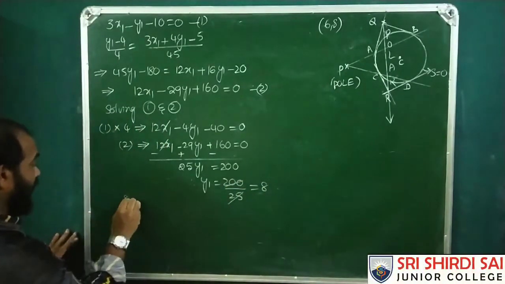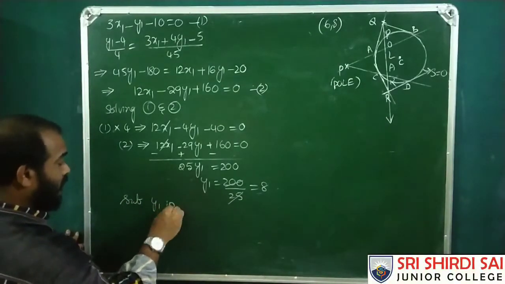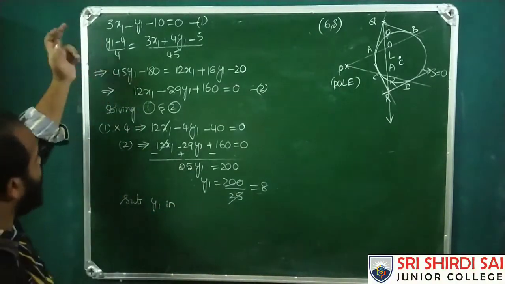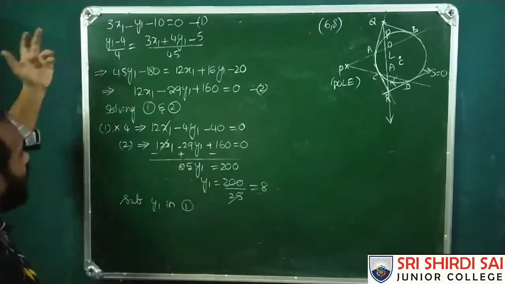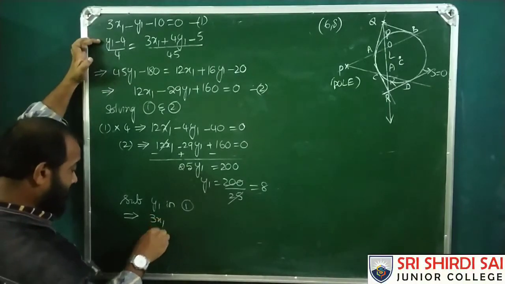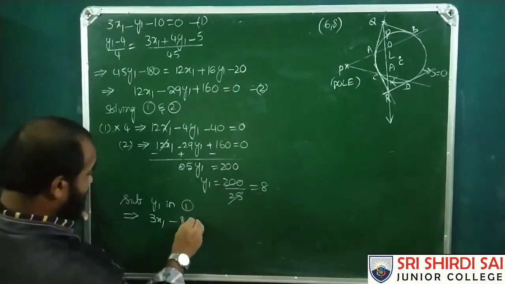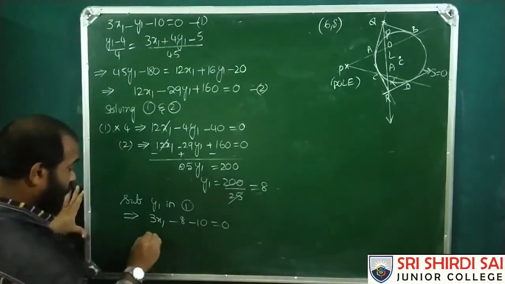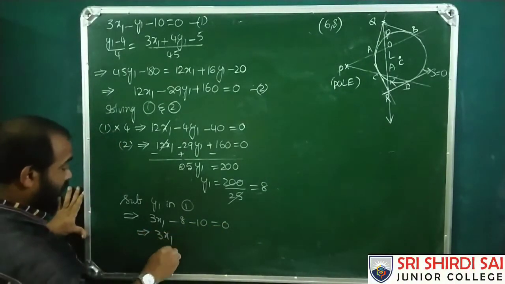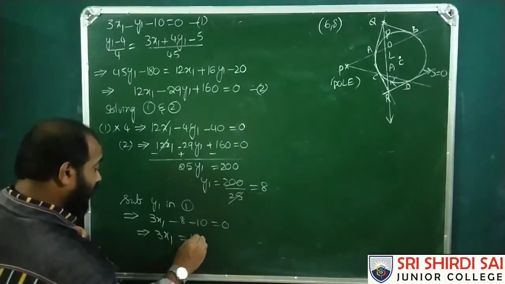So substituting y1 in whichever equation you want, no problem. So the first equation I will substitute. So 3x1 minus y1 is minus 8 minus 10 equals to 0. So 3x1 minus 18, minus 10 minus 18, if you take that side, plus 18.